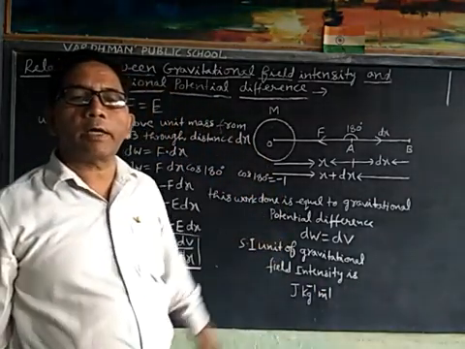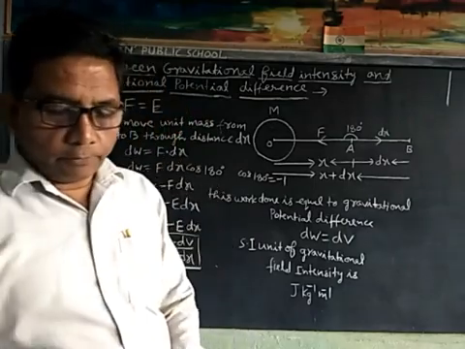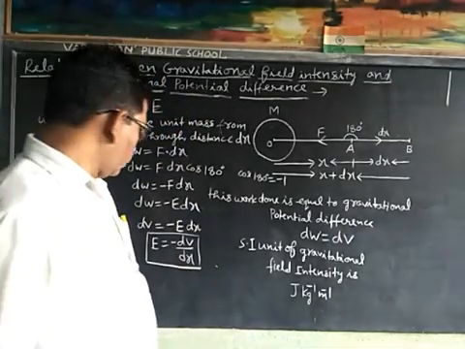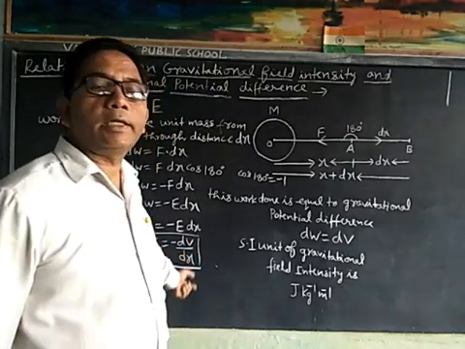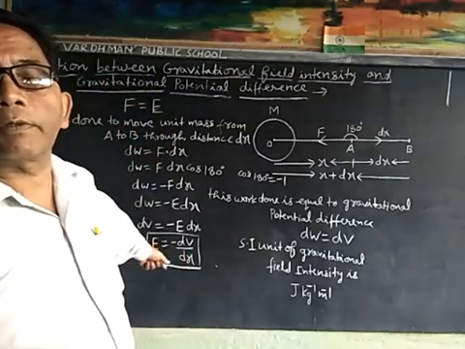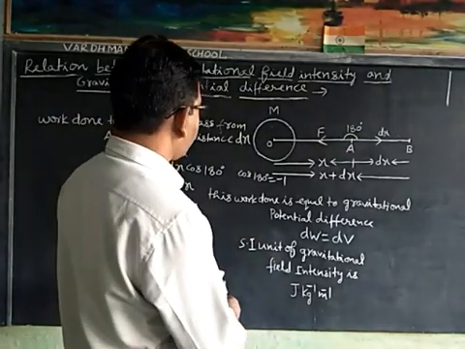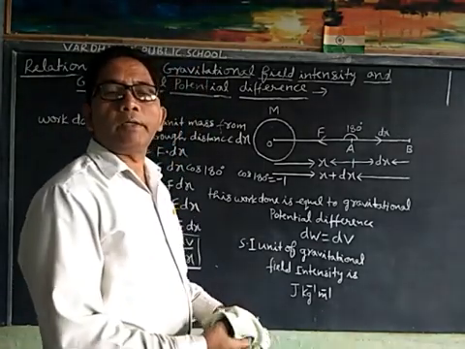This is the SI unit of gravitational field intensity. Sorry, you can also say gravitational potential gradient. The SI unit of gravitational potential gradient is joule per kilogram per meter.